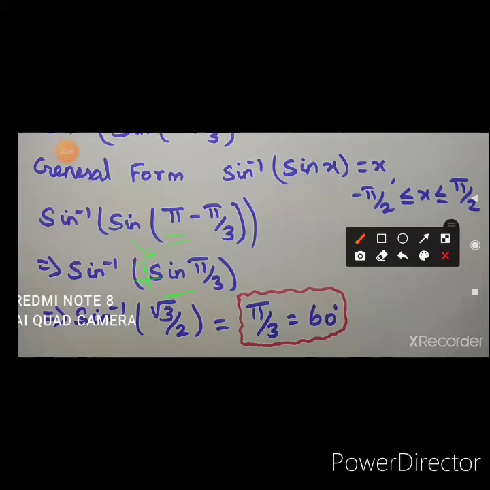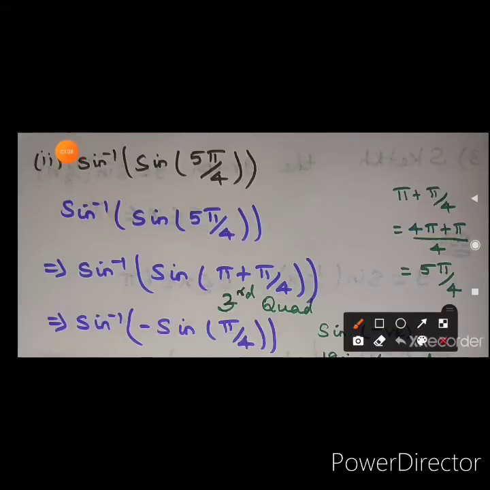So sine inverse of sine pi by 3. Sine pi by 3 value is root 3 by 2. Sine inverse of root 3 by 2 is equal to pi by 3, that is 60 degree. That's it.